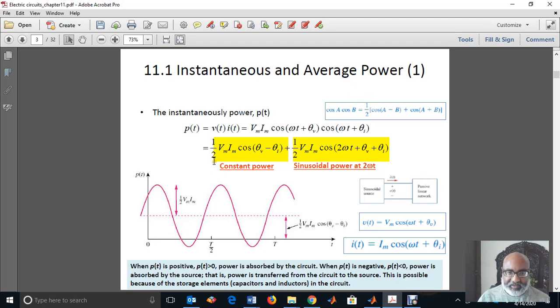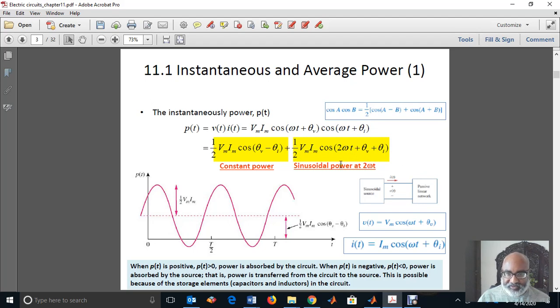So it will be 1 over 2 Vm Im cosine of theta v minus theta I plus 1 over 2 Vm Im cosine of 2 times omega t plus theta v plus theta I.